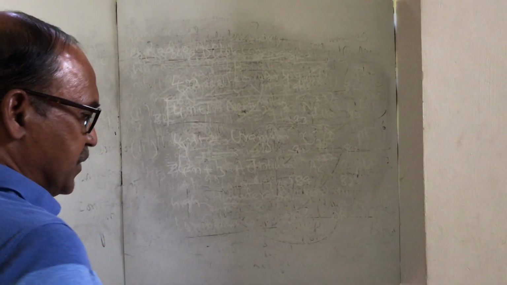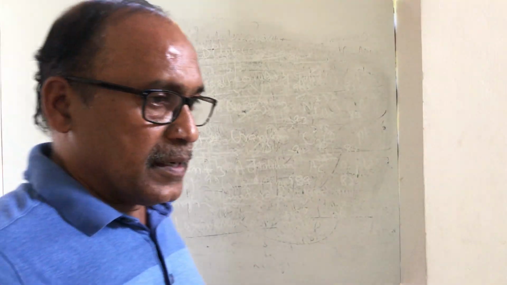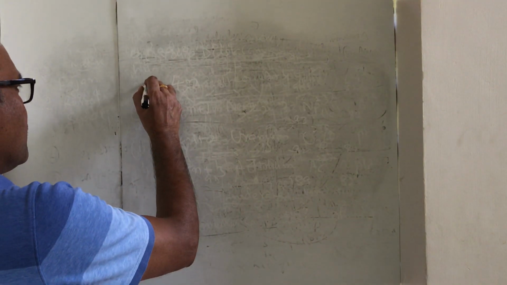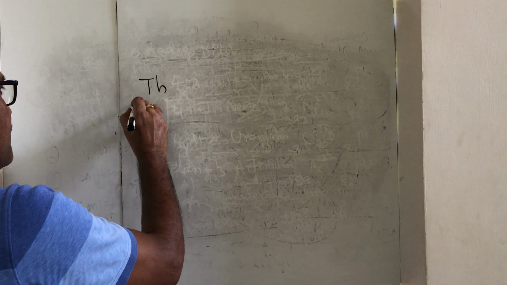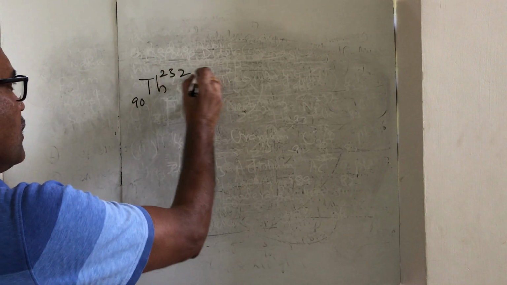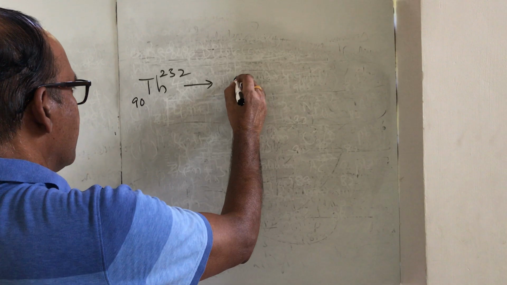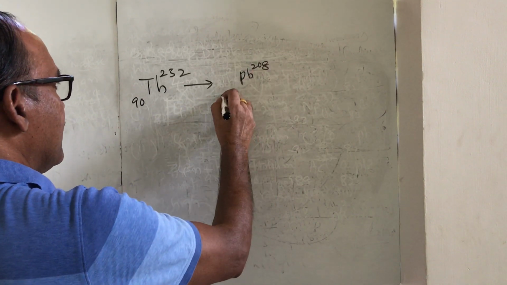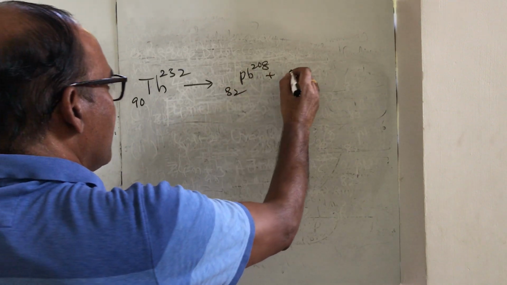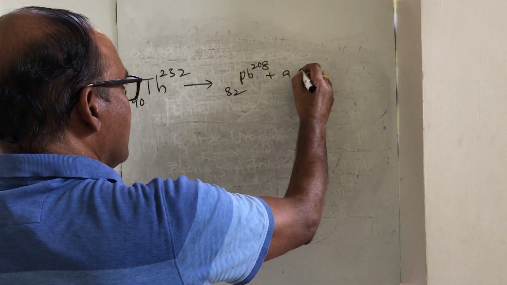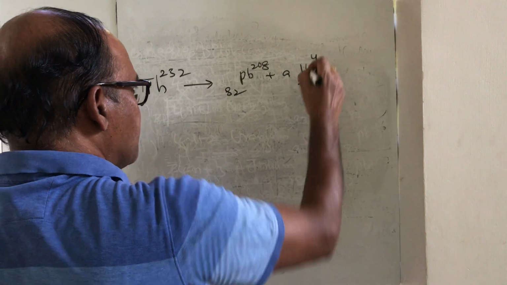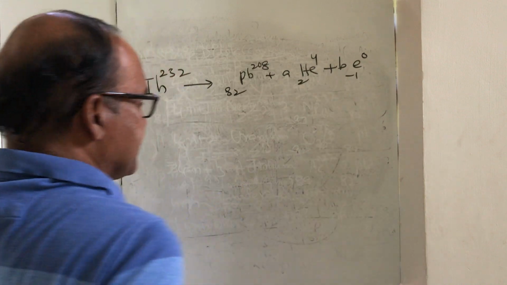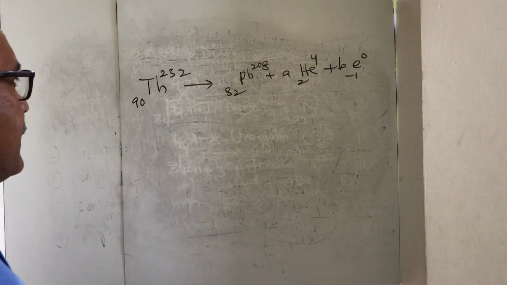And we can hypothetically find how many alpha particles and beta particles are emitted in a given series. Taking thorium as an example, 90, 232, and the daughter nuclide lead-208, 82, with number of alpha particles A. Alpha particles represent the helium nucleus, and beta particles are represented with the electron.